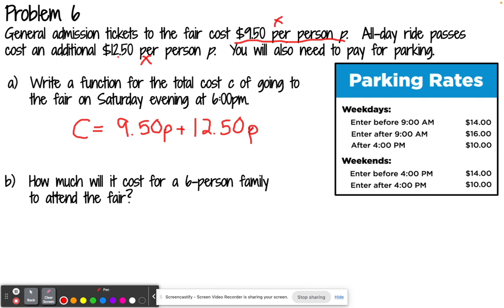And then I need to pay for parking. How much is my parking? Well, it says 6 p.m. on a Saturday. So Saturdays are weekends. After 4, that's the time we're going, it will be $10. So it's going to be $10.